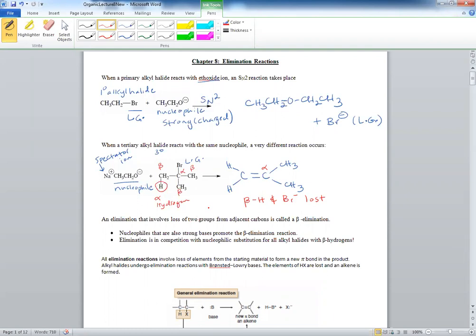We will again describe what happens here. It may look like it's entirely new. Of course, it is entirely new, but we will explain. So instead of a substitution, you actually eliminate two things. You eliminate the H and you eliminate the Br. And if you notice here, you're making a pi bond. Of course, we have other materials in here, but we are not that interested in them.